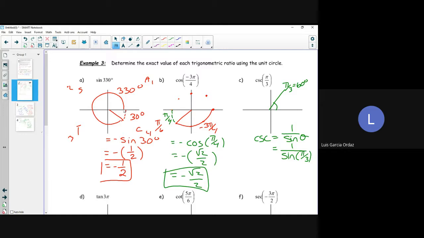So sine of pi over 3 is going to be root 3 over 2, which is equal to 1 over root 3 over 2, which when we simplify it gives us 2 root 3 over 3.